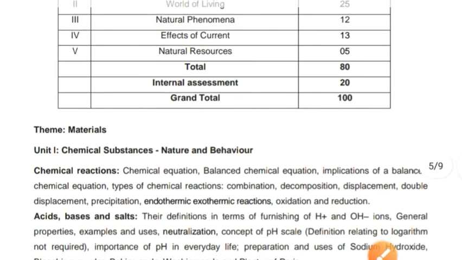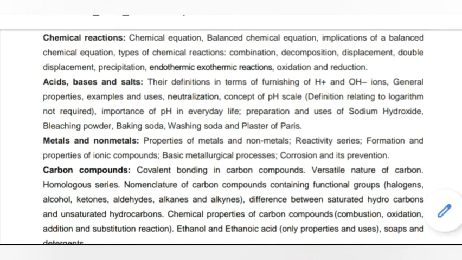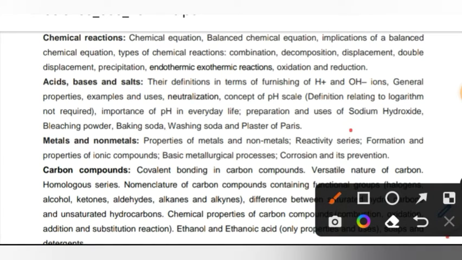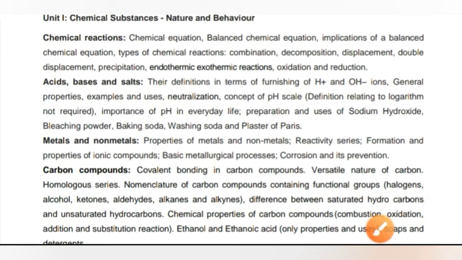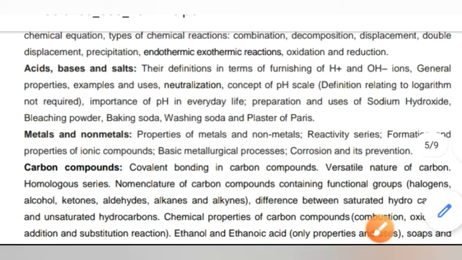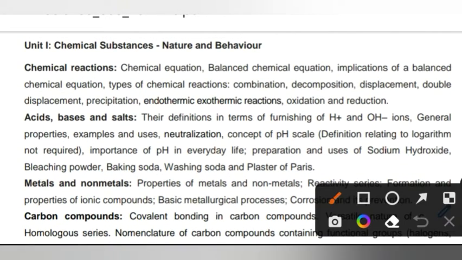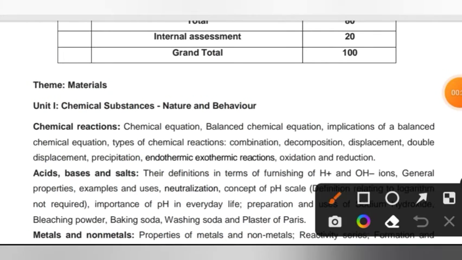So let's see it in descriptive detail. First, we have read about chemical reactions. In chemical reactions we have read about balanced equations and their implementation.